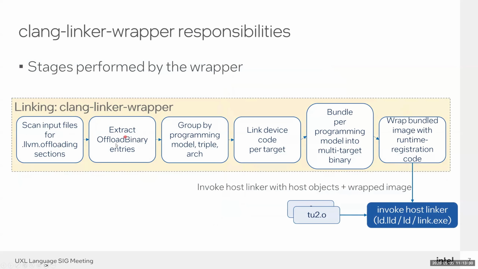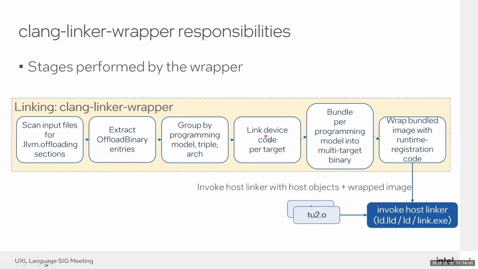Then it extracts offload binary entries, because there can be multiple offload binary files embedded there. It groups these entries by programming model, by triple, by arch, because depending on programming model, arch and triple, different workflows may need to be run.